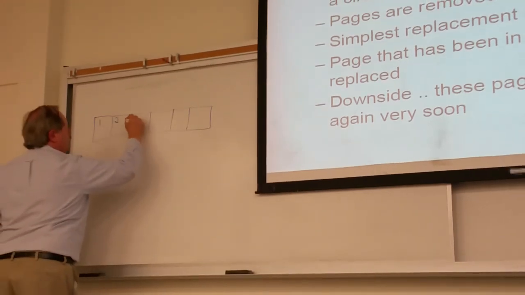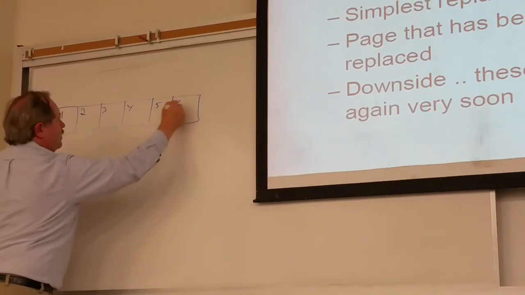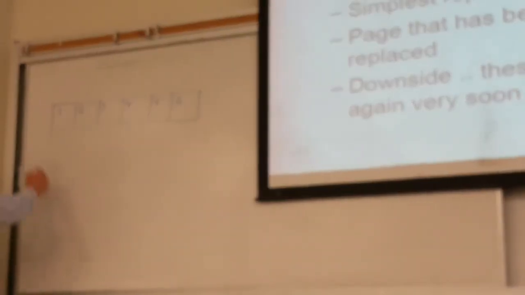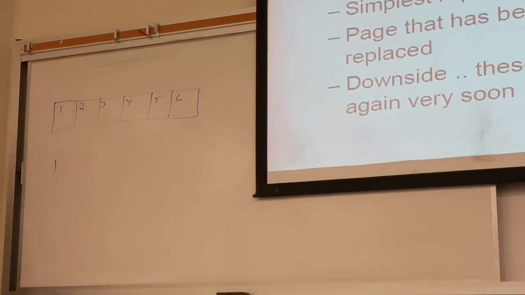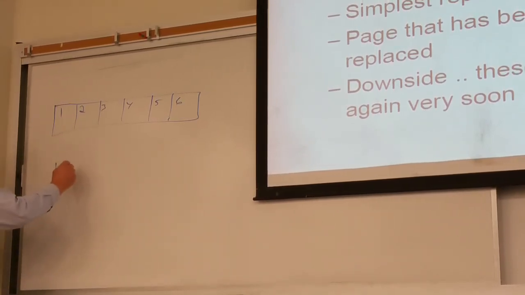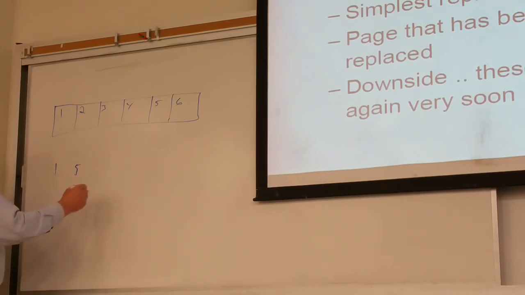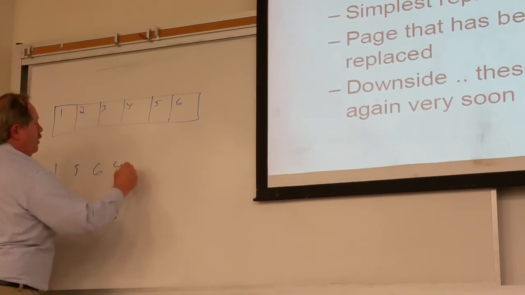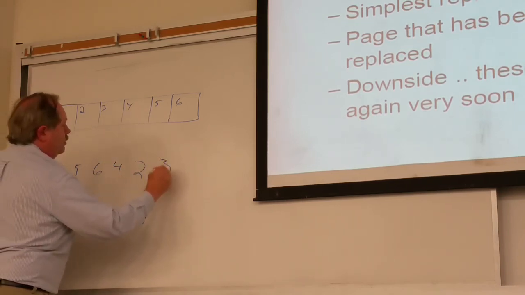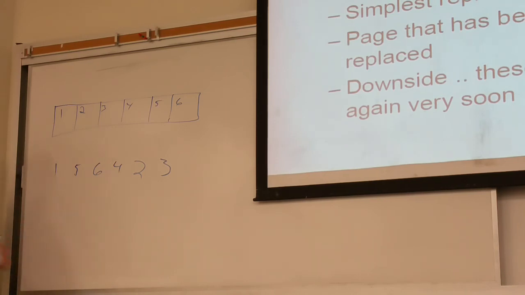My process starts up and it wants to run page 1, then page 5, then page 6, then page 4, then page 2, then page 3. So the first six pages it accesses may be in some order like this: 1, 5, 6, 4, 2, 3.